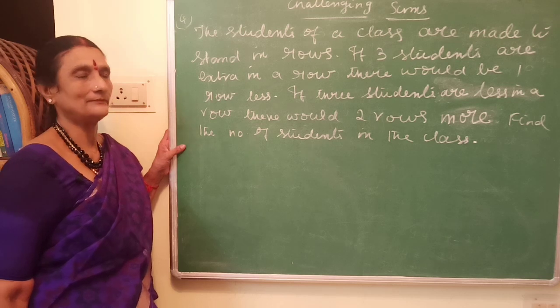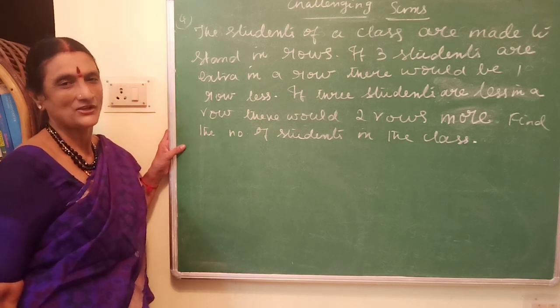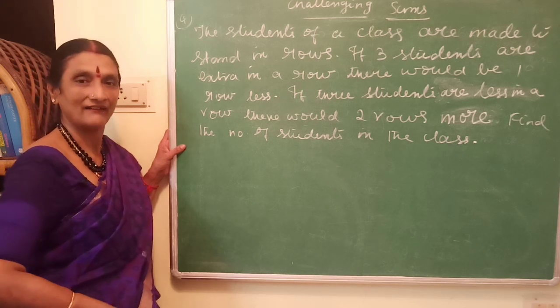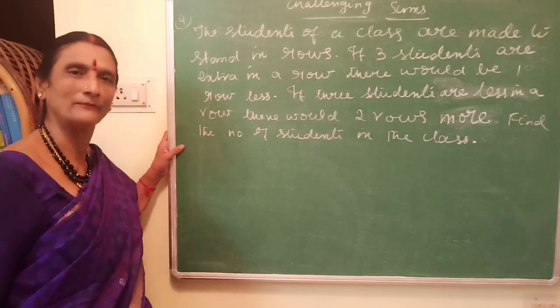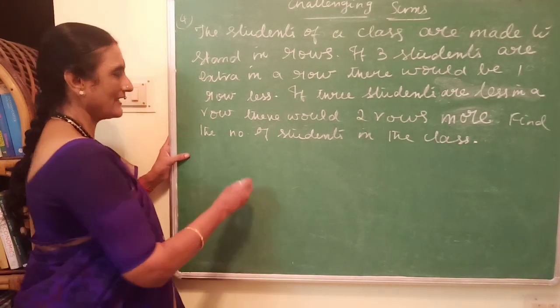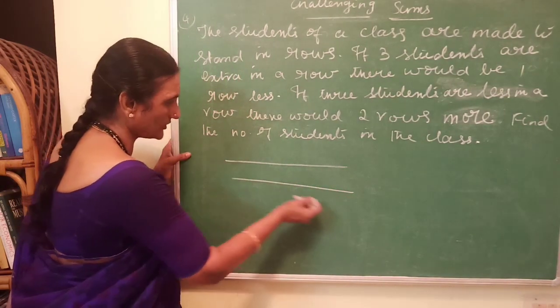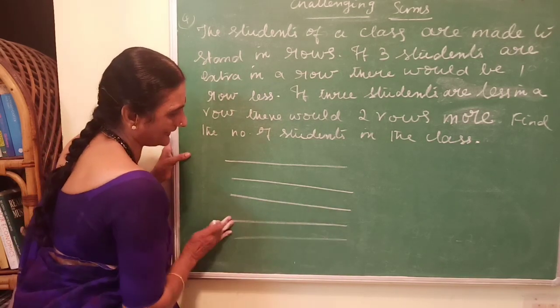Children, in this sum, rows and columns arrangement. Whenever the students of a class are arranged in rows, there will be some columns also formed, no? Definitely. So x rows means the horizontal arrangement. How many rows are there?